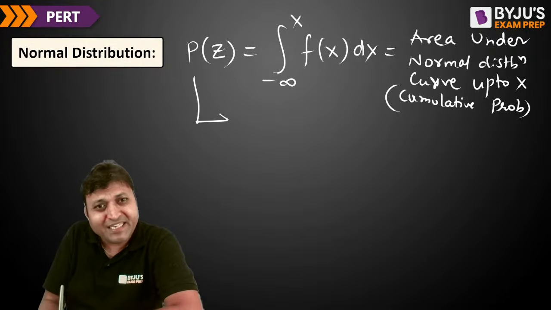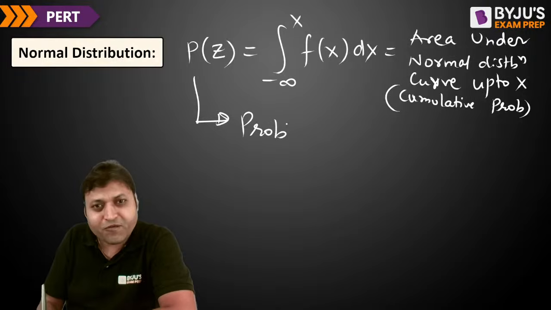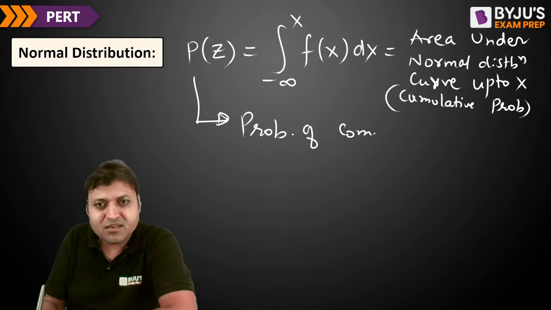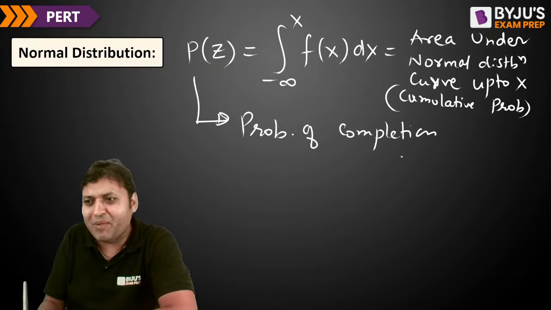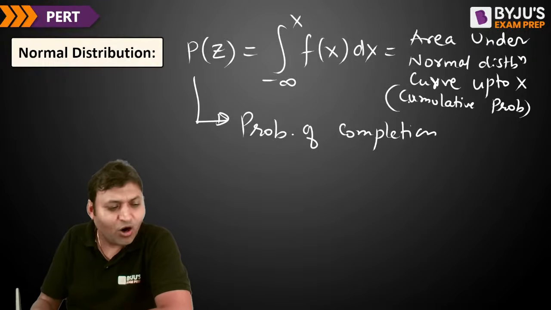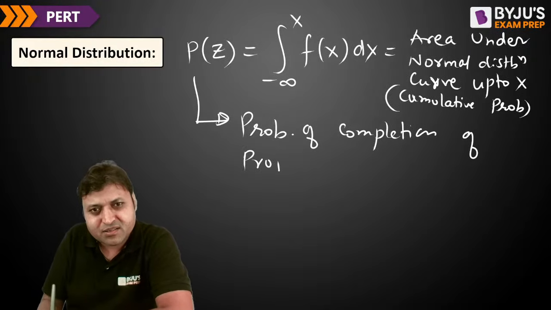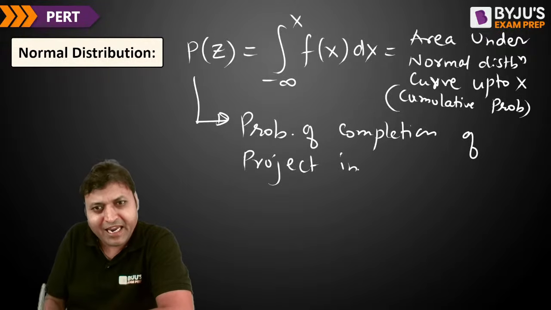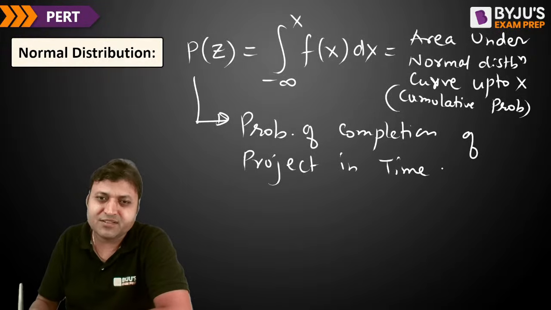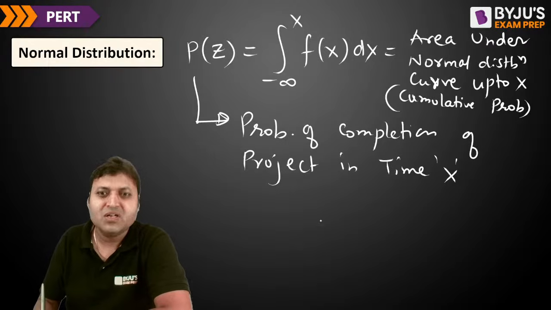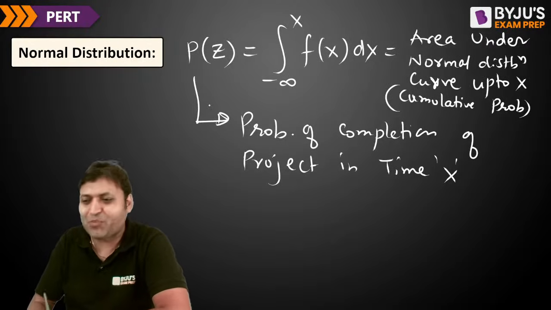So what is P(Z)? P(Z) is the probability of completion of the project in time x.